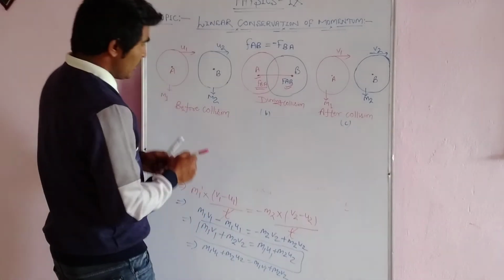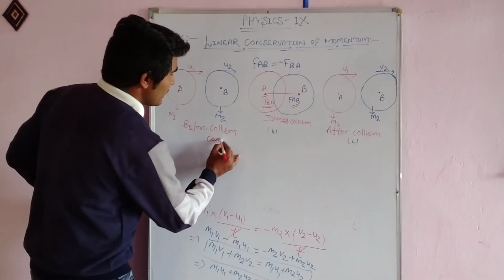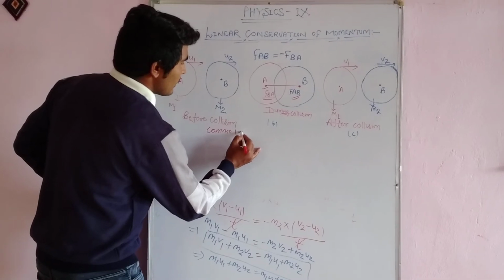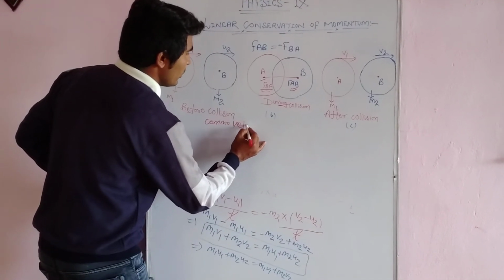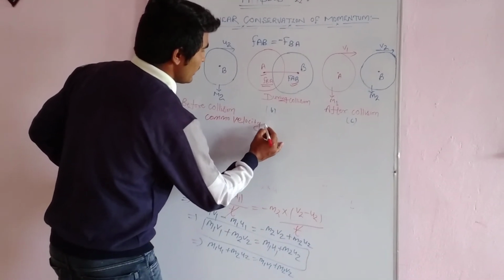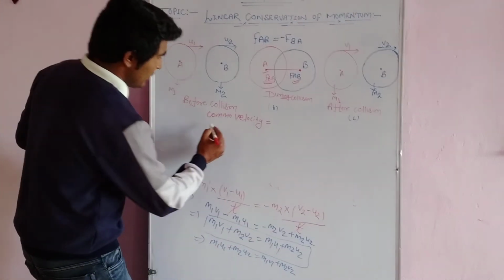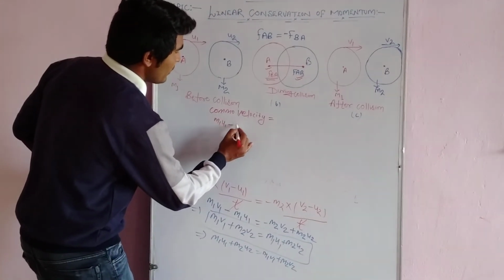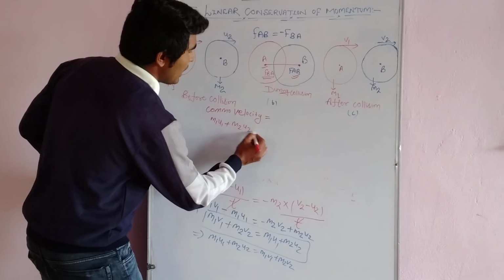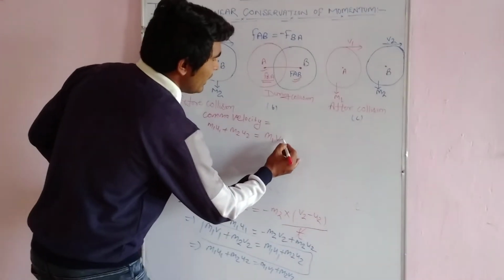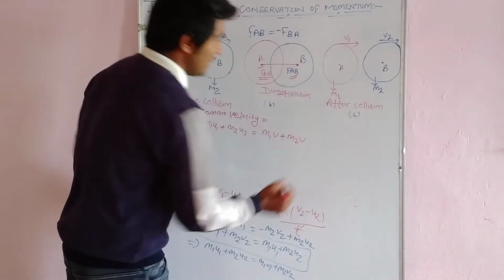Yes students, for common velocity the formula is m1 u1 plus m2 u2 equals m1 v plus m2 v.